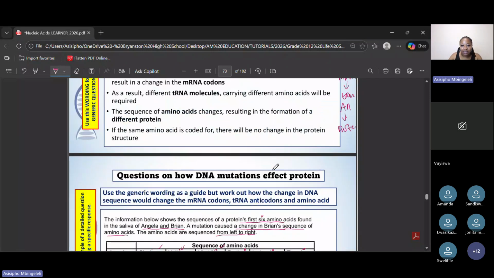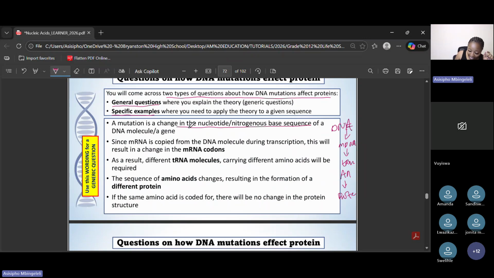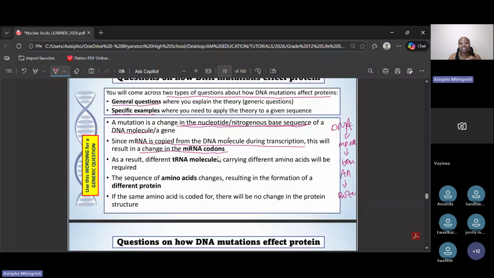This means that there was a change that occurred in the nitrogenous bases or nucleotides of a DNA molecule. And since the messenger RNA is copied from the DNA molecule during transcription, this will result in a change in messenger RNA codons. Even if you don't phrase it like that: mutation occurred in DNA nitrogenous bases, which resulted in a change in messenger RNA codons, which resulted in a change in transfer RNA molecules or anticodons, which resulted in a different amino acid being formed.